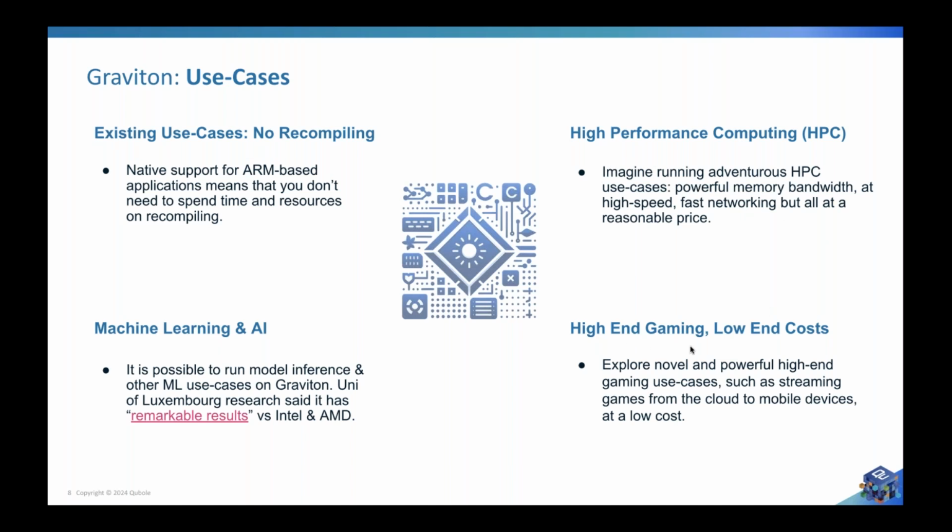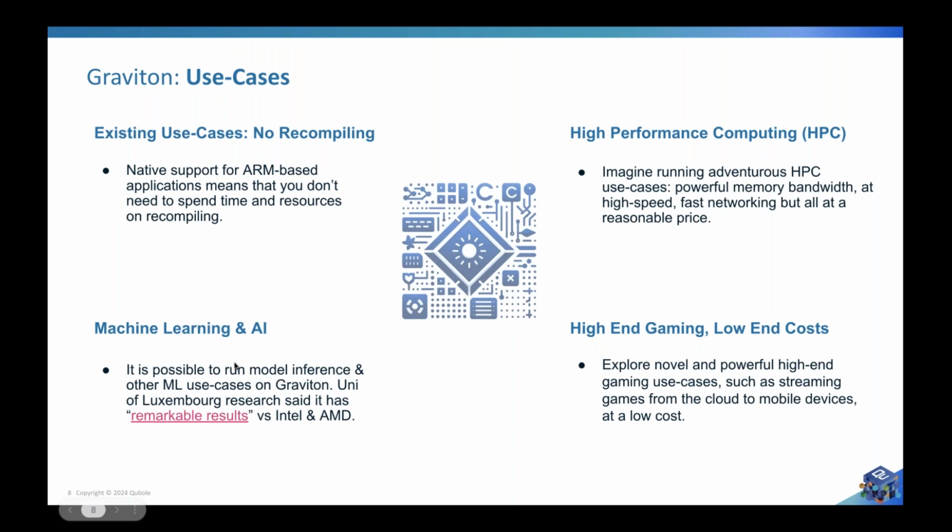High-end gaming definitely makes sense with Graviton, with the cost benefits that you have. And of course, we are talking about machine learning, and model inference is one of the things that can be run on Graviton. Inference requires comparatively fewer resources as compared to ML training or AI training.